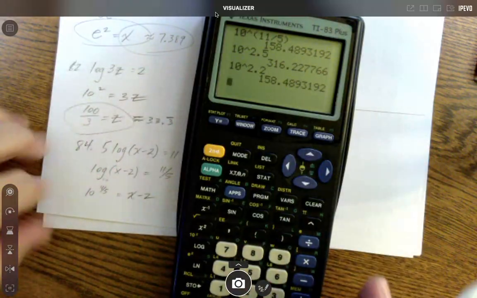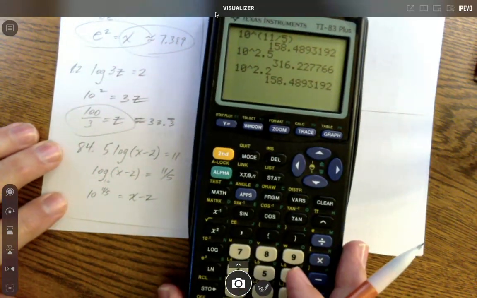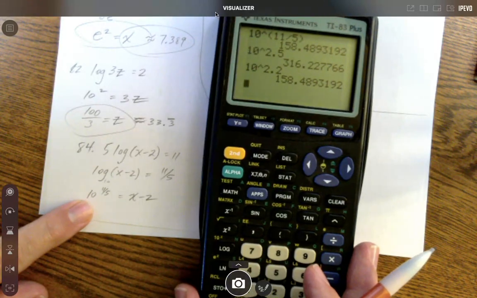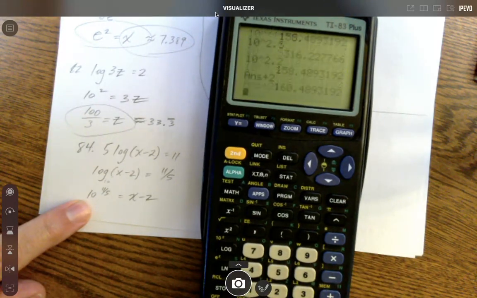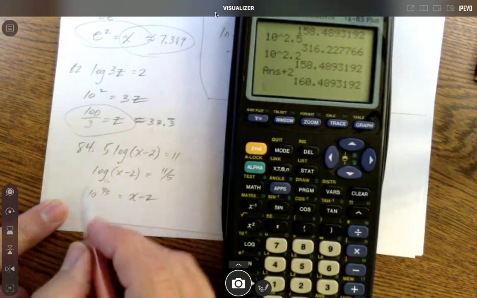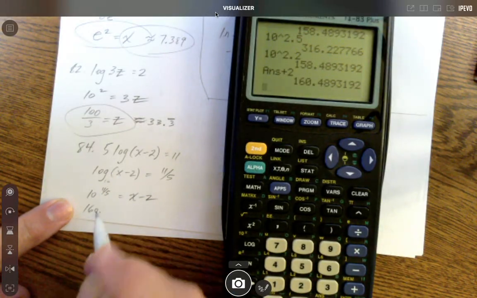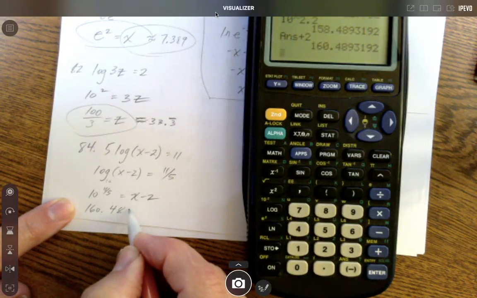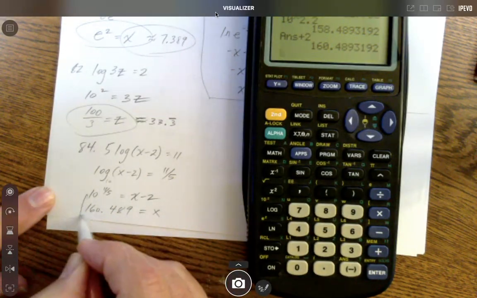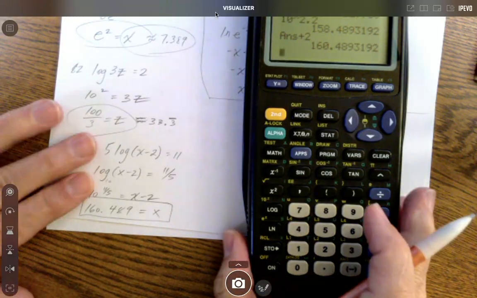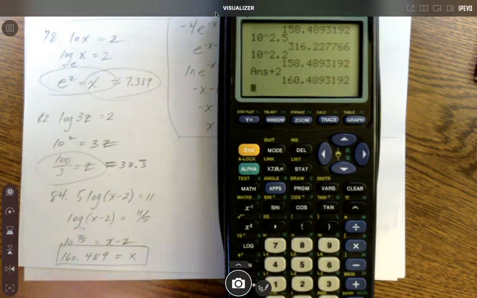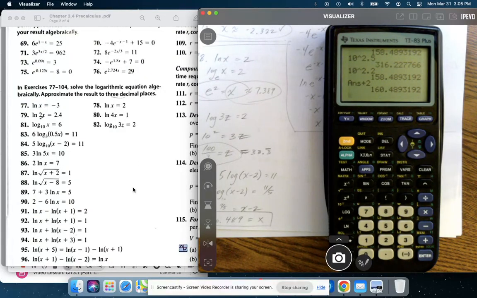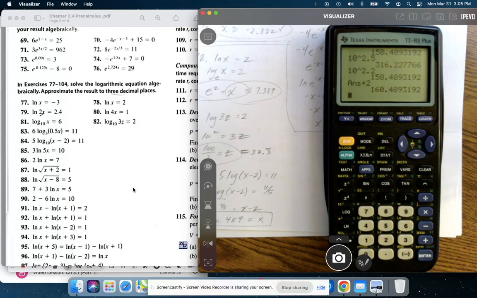There we go. And then if I add 2 to that, I get 160, right? So plus 2. So 160.489 equals x. All right. So that was problem 82.